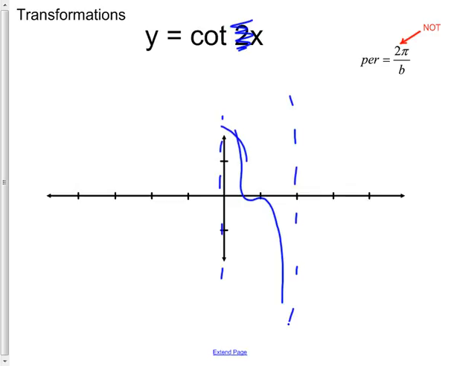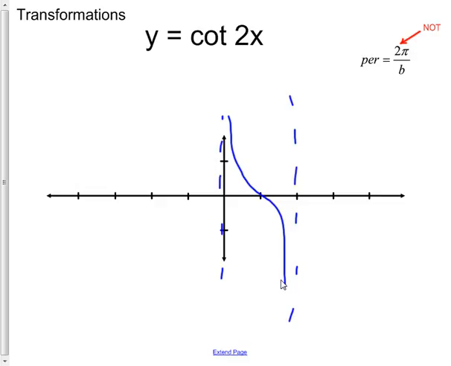Ugh, that's terrible. And now, I just changed the numbers. But here's the important part. It's not 2 pi over b anymore. Why not?